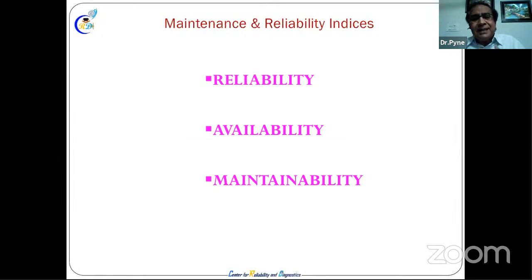Maintainability: there is a total difference between maintenance and maintainability. Maintenance is the task you are doing, and maintainability is a design concept. If I can repair this easily, it is easily maintainable. But if I take equipment like a computer or laptop, I cannot maintain it easily.